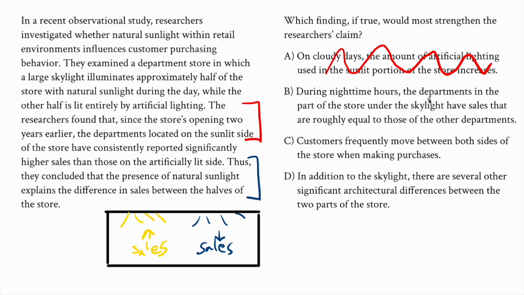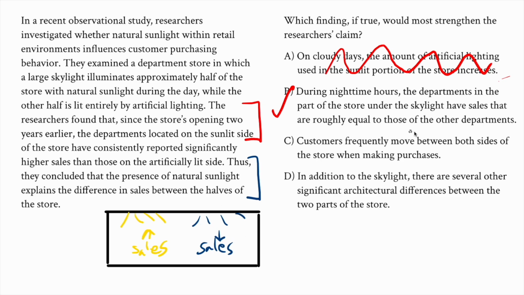And if, when they are under the same lighting conditions, those sides of the store have roughly equal sales, that suggests that they are more or less equal in terms of their baseline sales. And so that would strengthen this argument, because it would weaken, if not entirely rule out, a potential objection, or again, a potential alternative explanation for the difference.